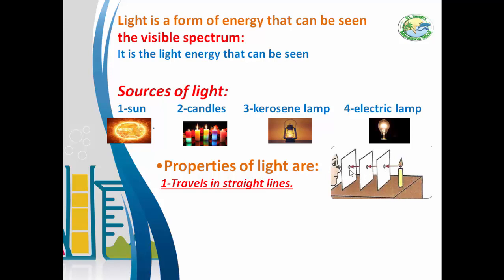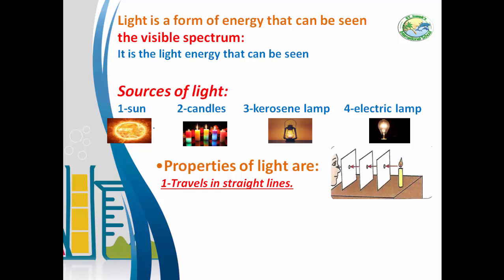Then we will put them in a row, near each other, in front of a lighted candle, in which all the holes are in a straight line with the flame of the candle.